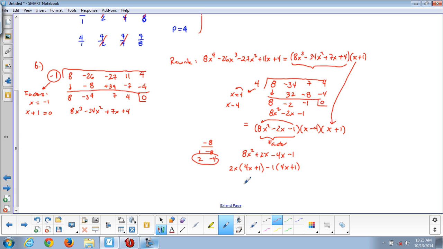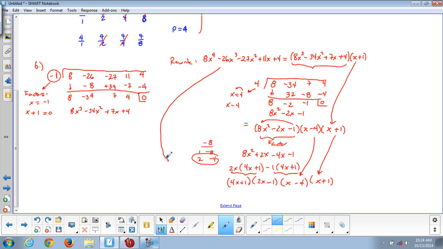So if I continue this right here, I'll be ending up with factoring out the 4x plus 1 that they have in common. That is that this term and this term have in common. And I'll be left with the 2x and then the minus 1. And same thing, I'm going to go ahead and drop this x minus 4, drop this one, x plus 1.